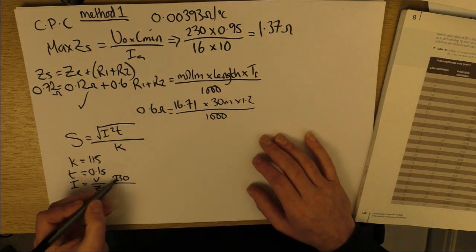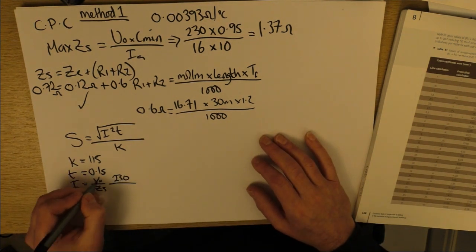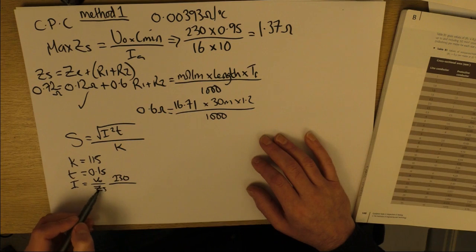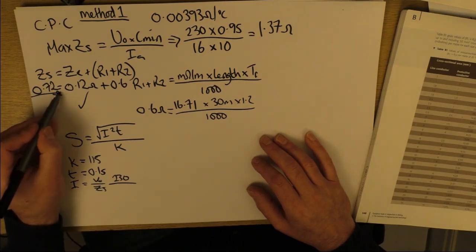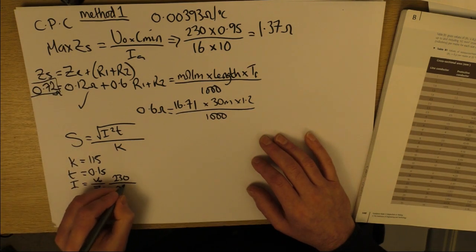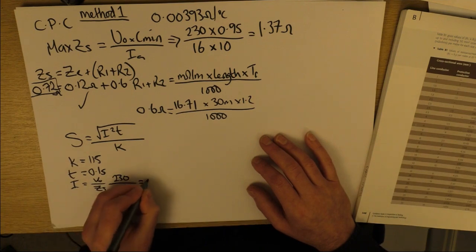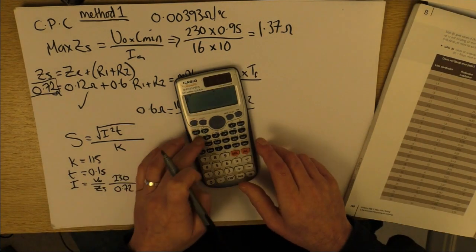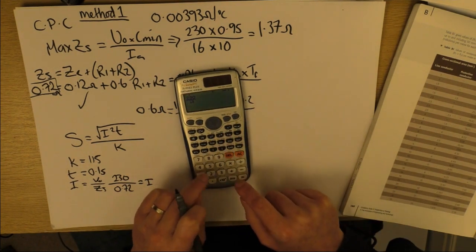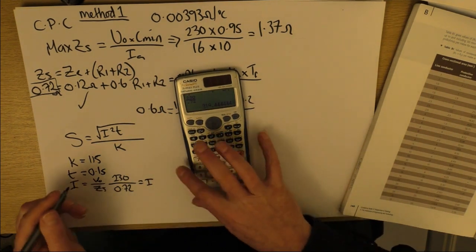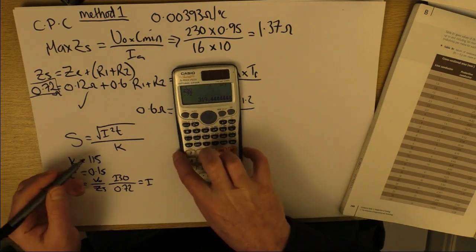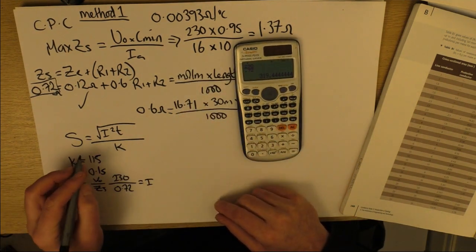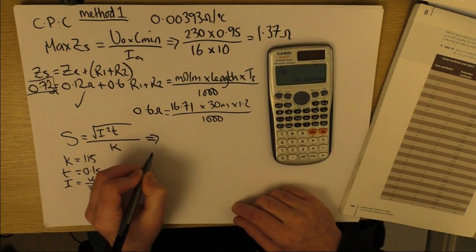But for now, I'm just going to stick to U0, line voltage to earth, over ZS, which in our case was 0.72. So our I for this particular circuit is 319.44.